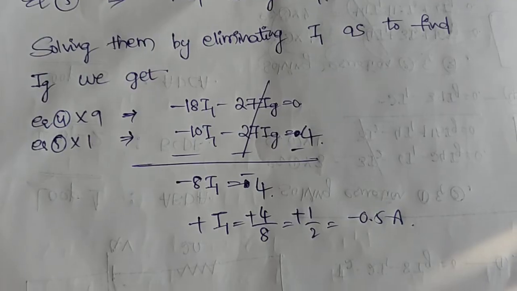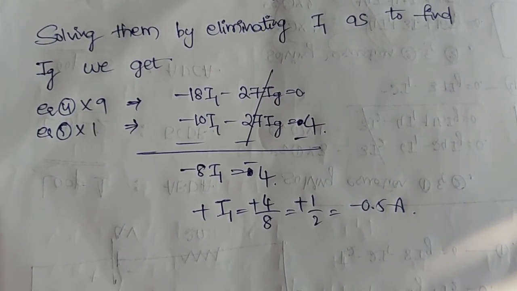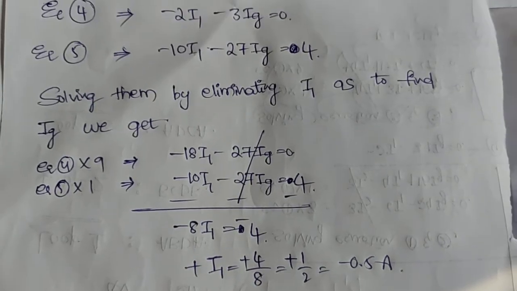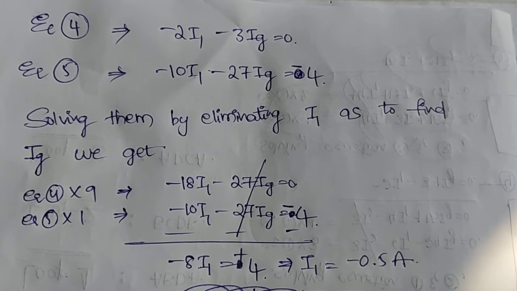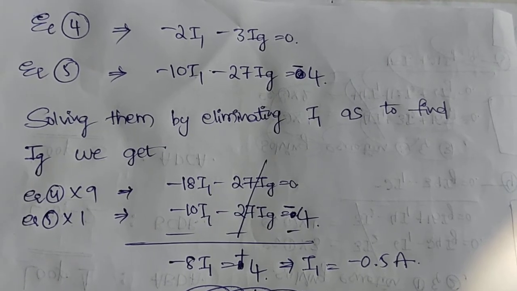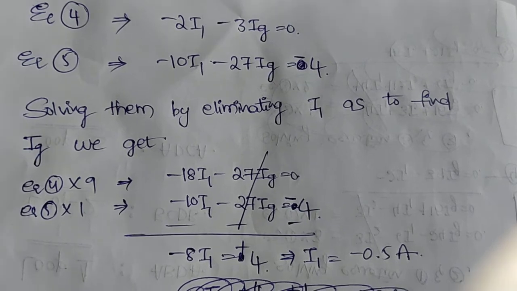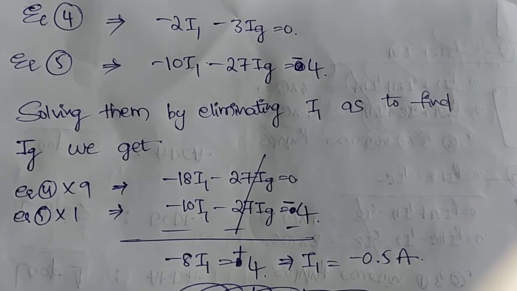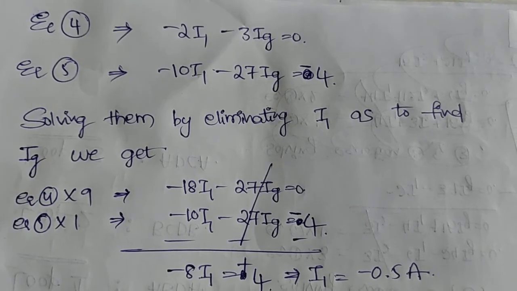Solving them by eliminating I1 to find Ig, we take equation 4 into 9 and equation 5 into 1. Equation 4 is minus 2I1 minus 3Ig equals 0. Equation 5 is minus 10I1 minus 27Ig equals minus 4. Multiplying equation 4 with 9, we get minus 18I1 minus 27Ig equals 0.